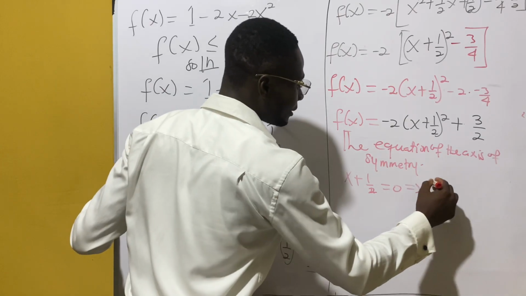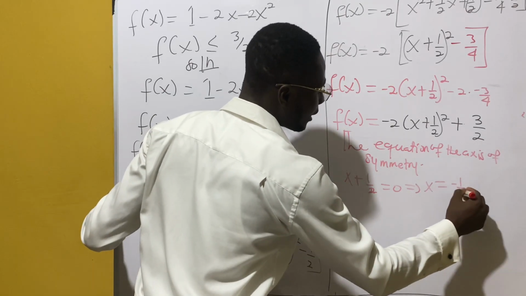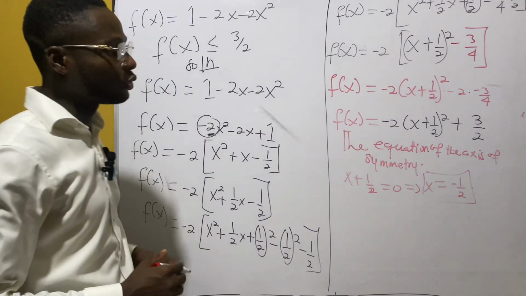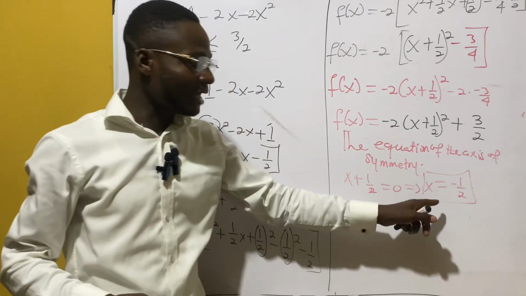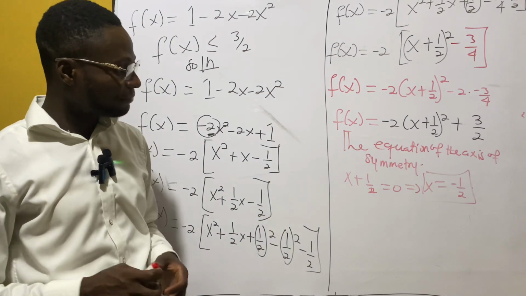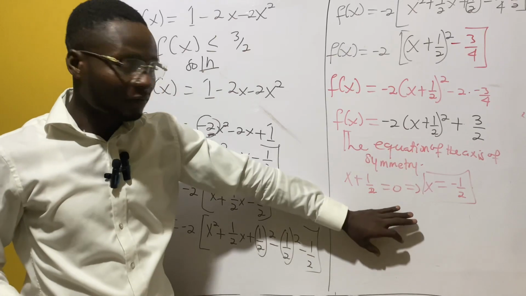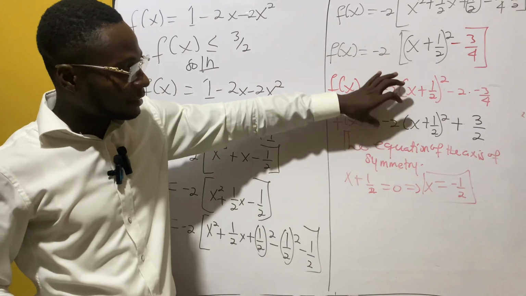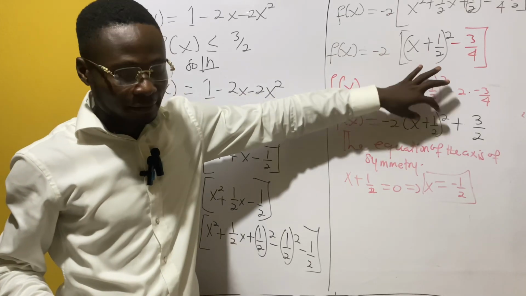This implies that x is equal to minus half, right? So our equation of the axis of symmetry is x equals minus half. Now, we have been able to find the equation of the axis of symmetry. That is very simple.